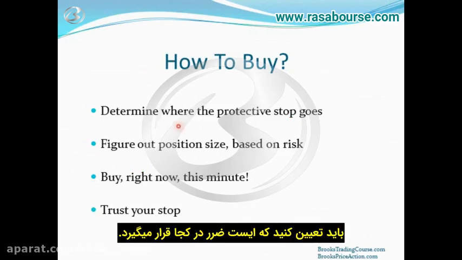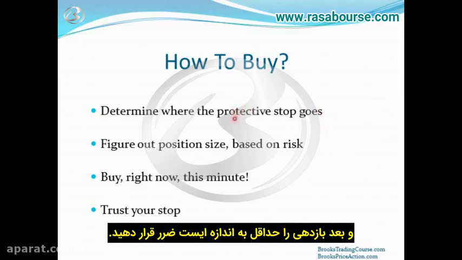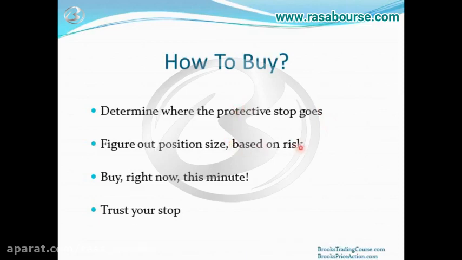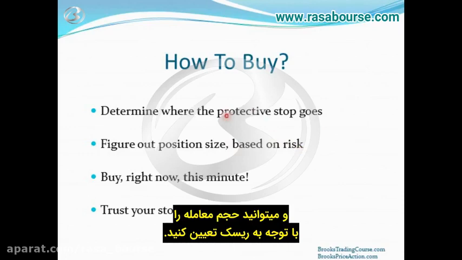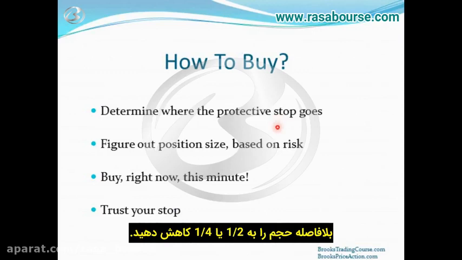You just determine how far away your protective stop is and try to go for a risk at least as big, and depending on how many ticks you're risking, that determines your position size. If you are having a hard time determining the exact position size, don't worry about being exact. Just instantaneously trade half size or quarter size, and buy right now this minute and trust your stop.